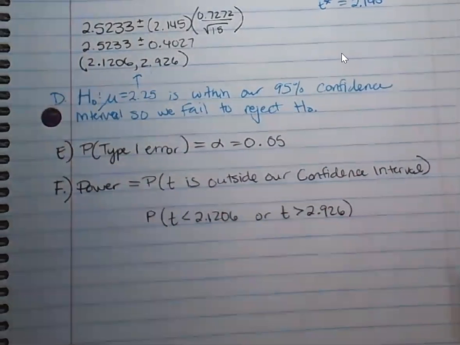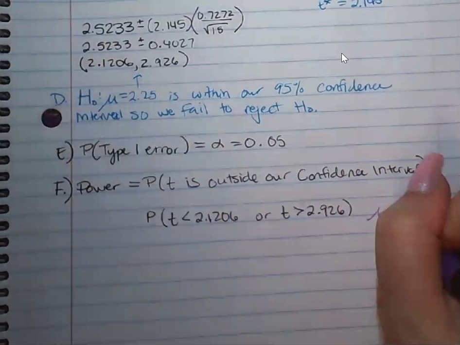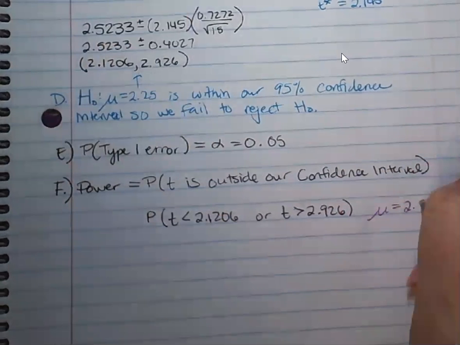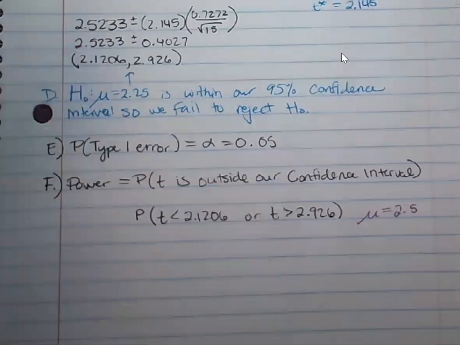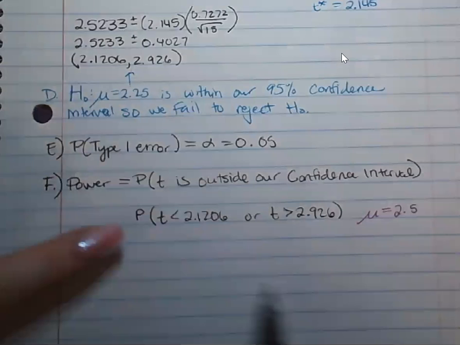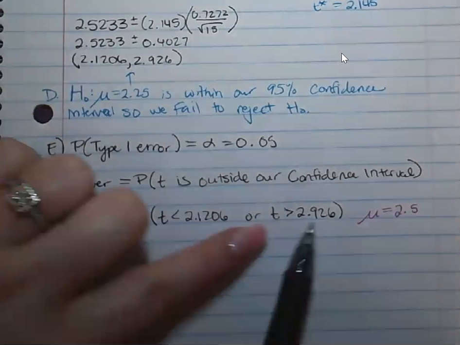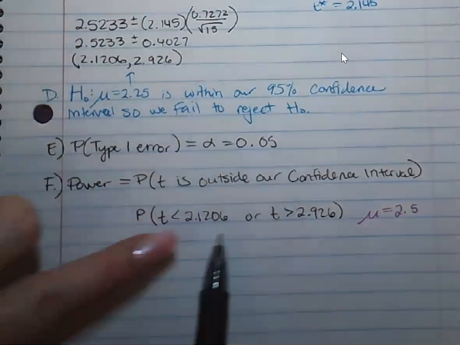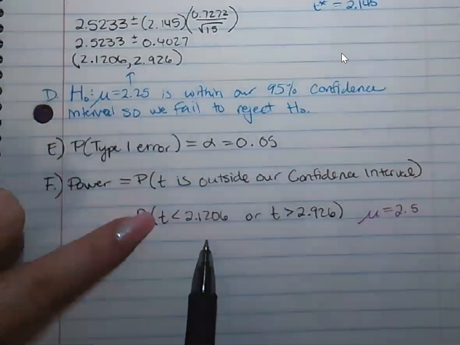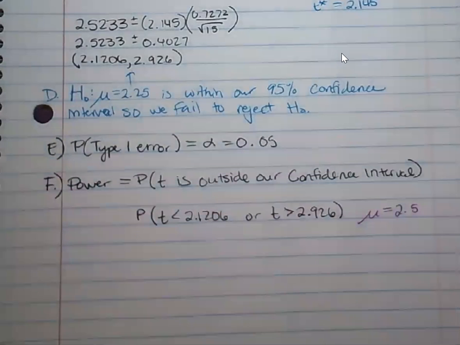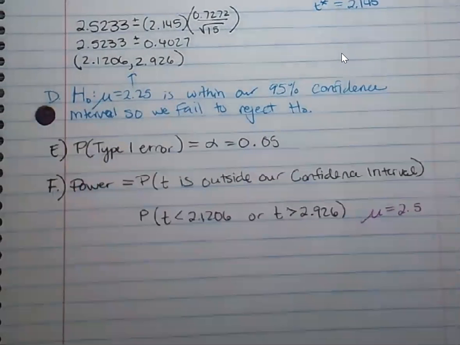We know the true mean here is 2.5. We do know in a confidence interval that these two sides are going to be the same, so I could just find one and then multiply by 2 to get the other.